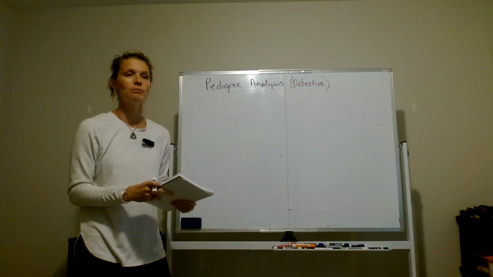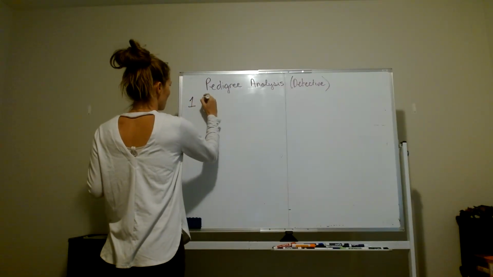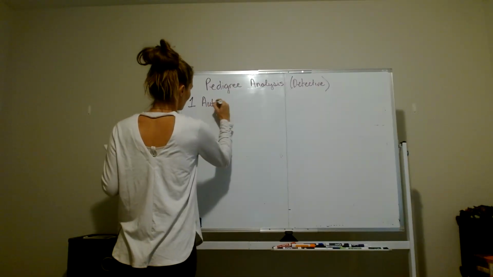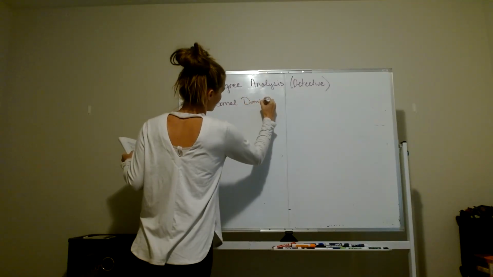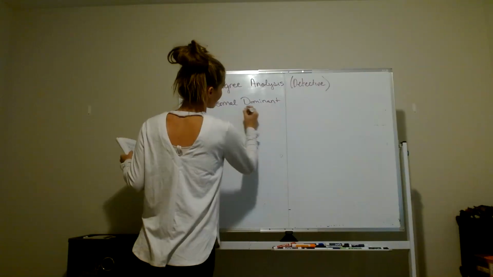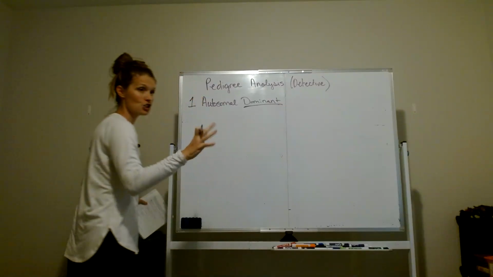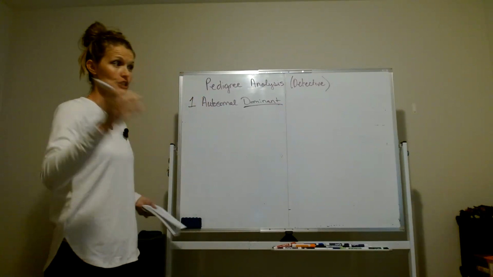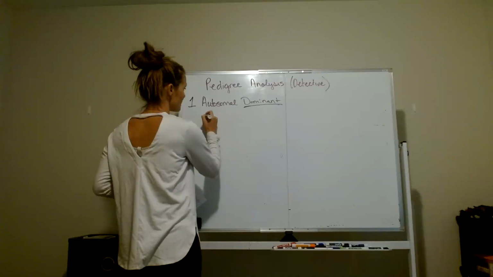Okay? So the first one that we have is autosomal dominant. With the rules from Mendel, we know that they're going to get it. It's dominant. If the trait is there, if the gene is there, if the allele is there, they're going to get it. And what autosomal means is it does not skip a generation.